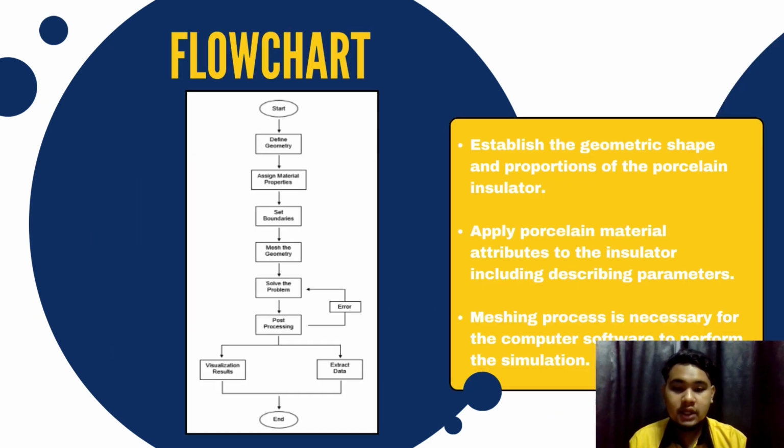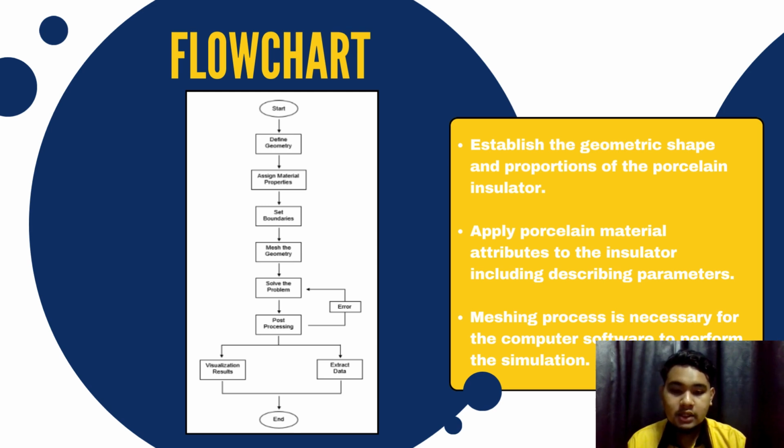Next for flowchart. First we define our geometry. This is from our project prototype. Next is assign material properties such as porcelain, metal, and also air for the condition of the insulator. Next we set the boundaries for the air circle.